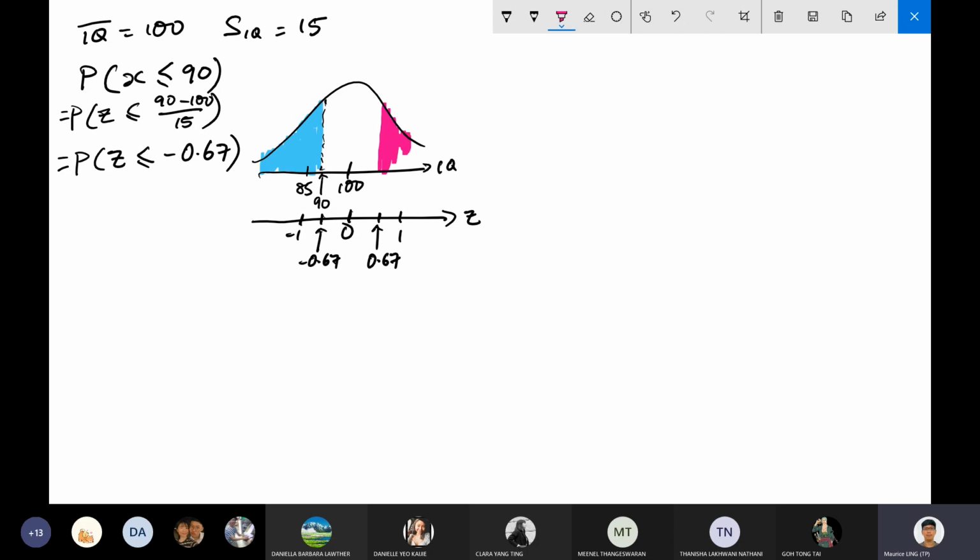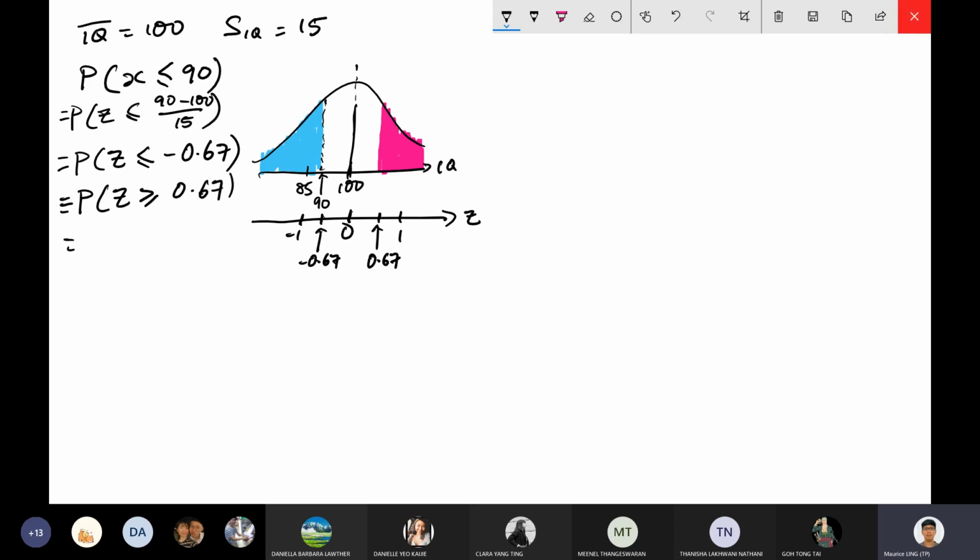What happened is the red, the magenta and the blue are the same area because it is symmetrical about the mean. It's flipped over, which means you are actually equivalent to taking z more than or equal to 0.67.